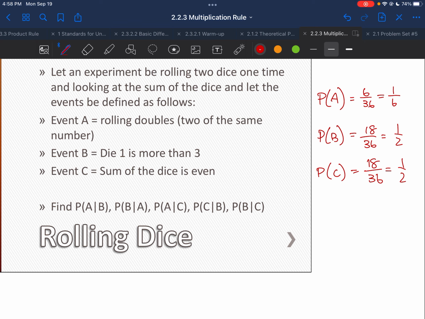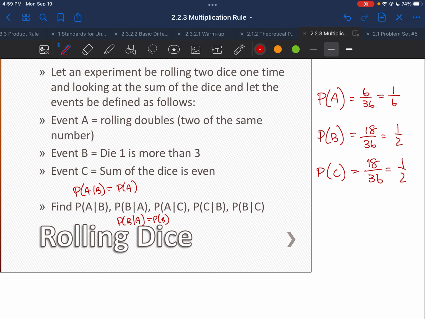If we knew that these events were independent, for example, if A and B were independent, this would just be the probability of A. And if B and A were independent, this would just be the probability of B. Because if they're independent events, it doesn't matter if one happens and then the other one happens. The event A has no bearing on event B if they're independent.